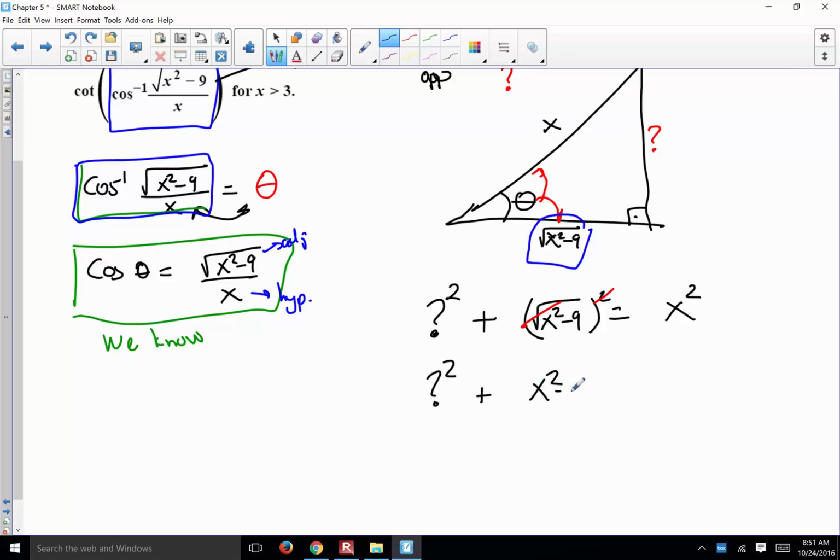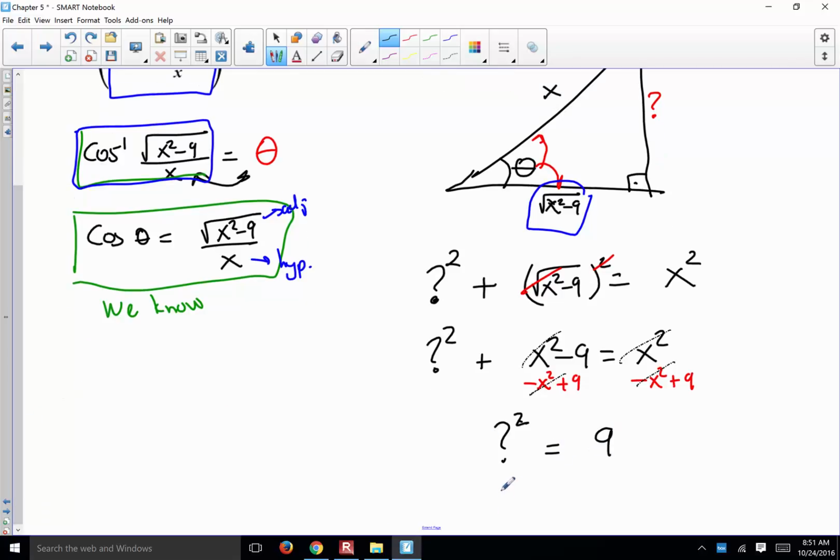So you have x squared minus 9, and I need to get these guys to the other side, so I will add the opposite of those to both sides. These two cancel, by the way. Right? And question mark squared equals 9.